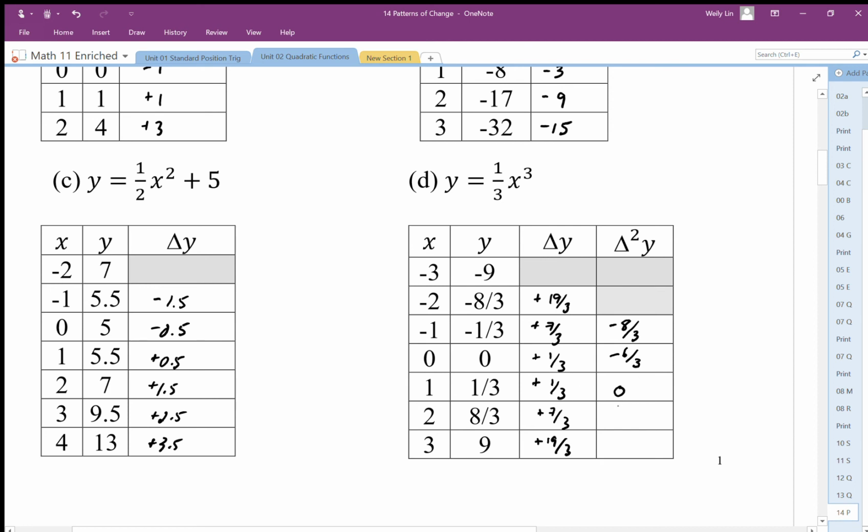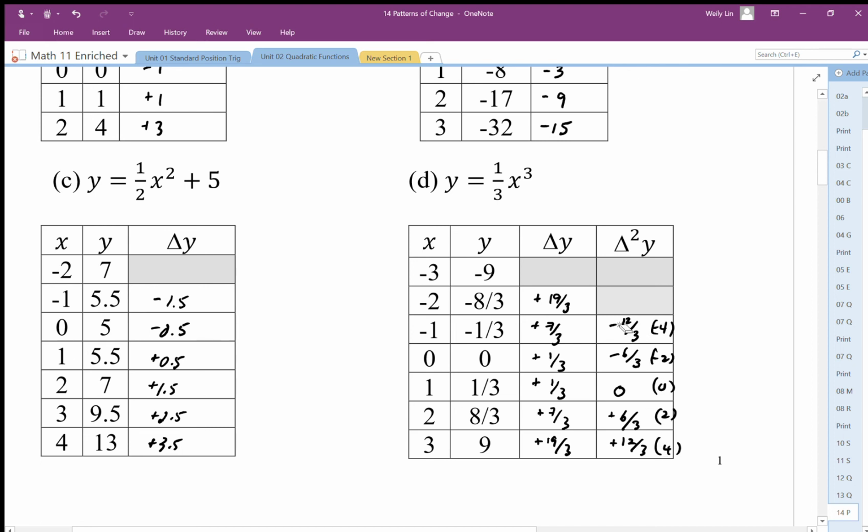And here we're going to go plus 6 over 3. From here to here we go plus 12 over 3. Actually, sorry, this was 12 over 3 here. So if you take a look at the second change in y, this really is negative 4, negative 2, 0, 2, and 4. This is a linear pattern.